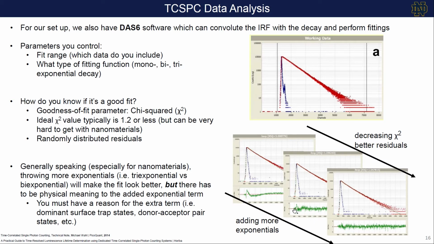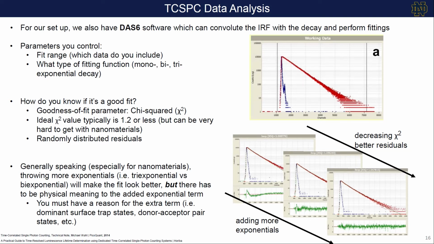You can see this middle trace is a little bit better, and if you have a very, very good decay fit, it should look entirely random down here. So we have two parameters: a low chi-squared value, and randomly distributed residuals, which give us an idea of how good the actual fitting is.